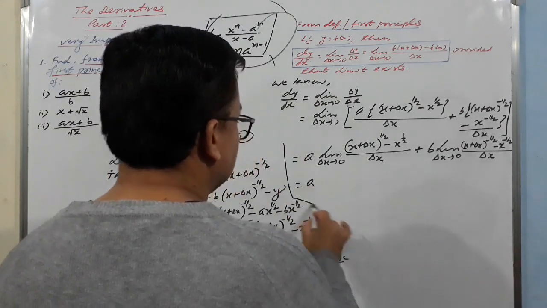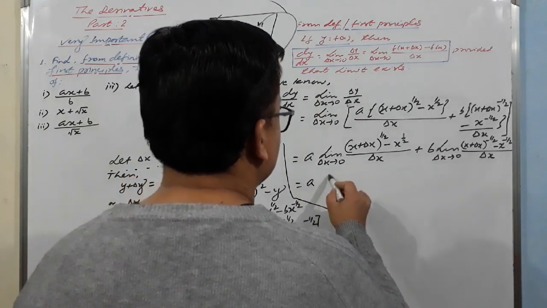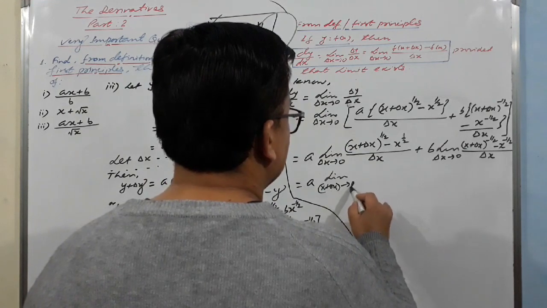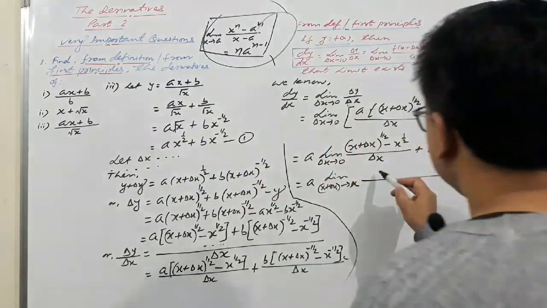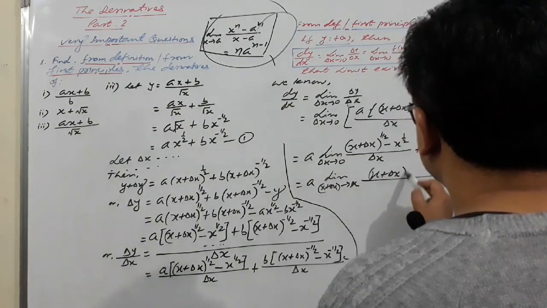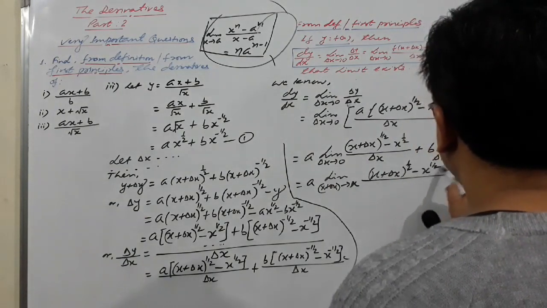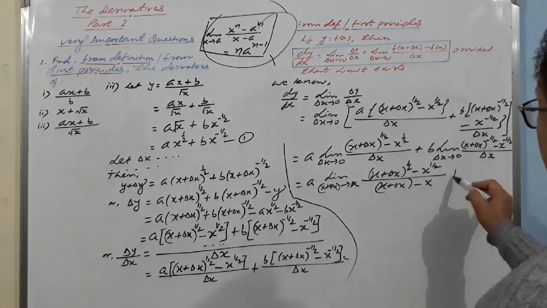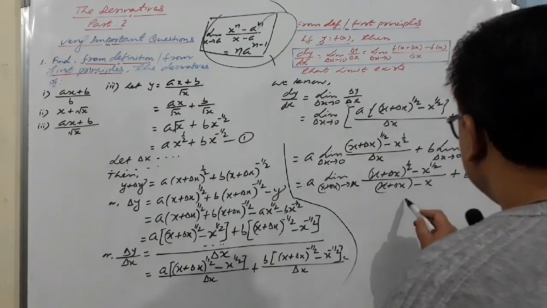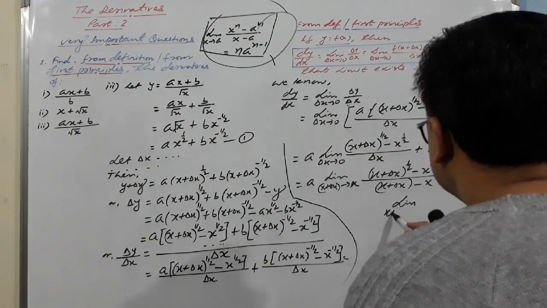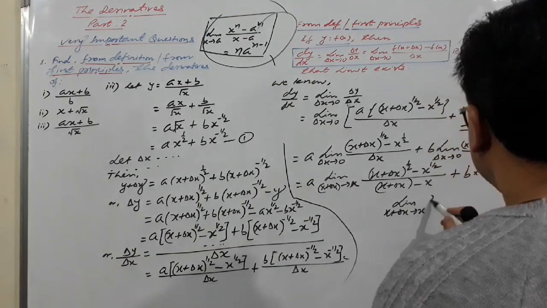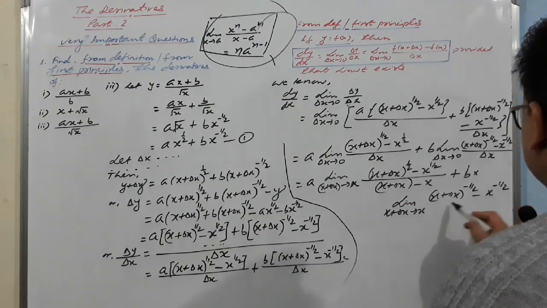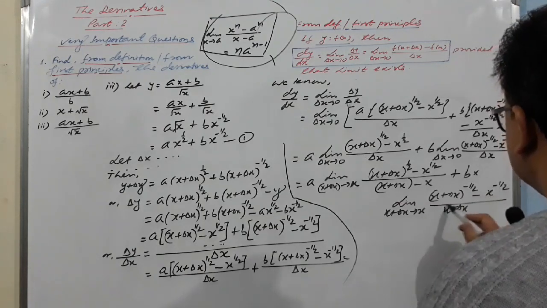But we have to write it first in that form: the limit as x plus delta x tends to x, here (x plus delta x) to the power 1 by 2 minus x to the power 1 by 2 over (x plus delta x) minus x, plus b times the limit as x plus delta x tends to x of (x plus delta x) to the power minus 1 by 2 minus x to the power minus 1 by 2 over (x plus delta x) minus x.